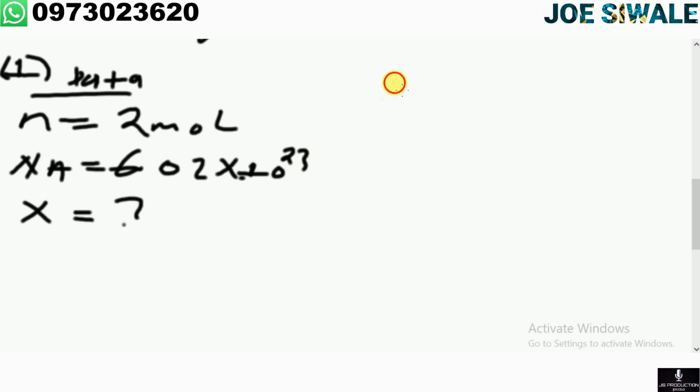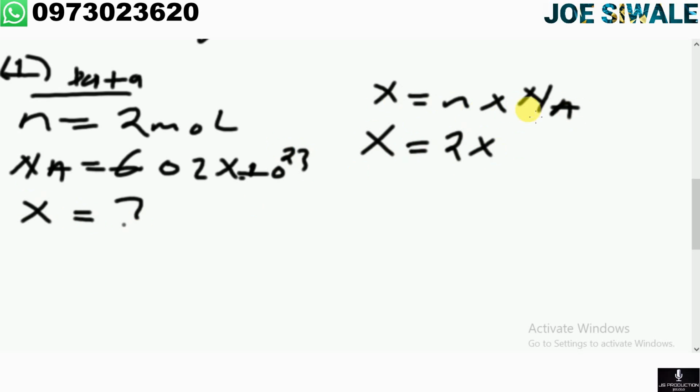So I'm going to say x is equals to number of moles multiplied by the Avogadro's constant. So my number of particle is equals to number of moles there, that's 2, multiplied by the Avogadro's constant, that's 6.02 times 10 to the power 23.